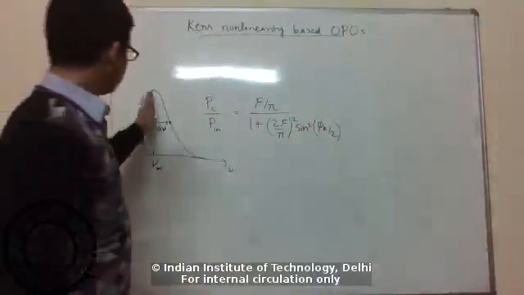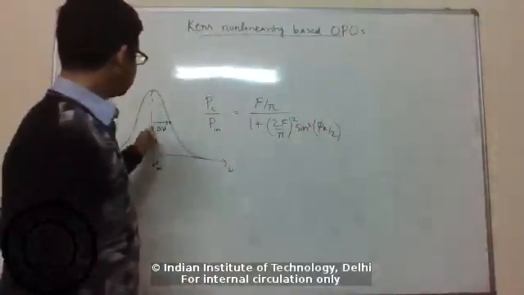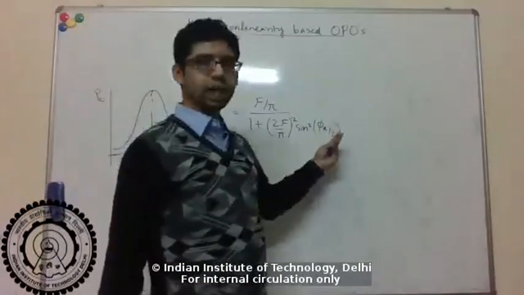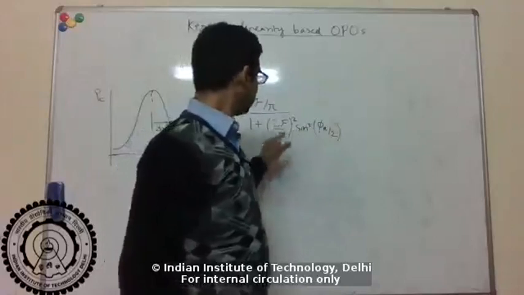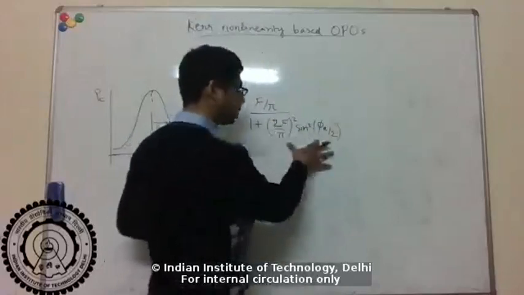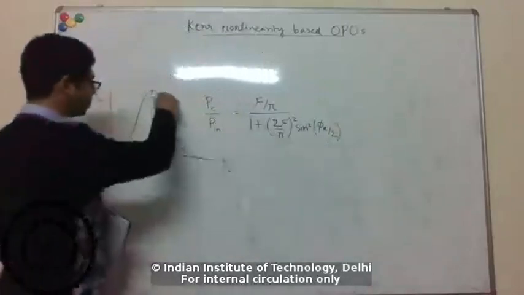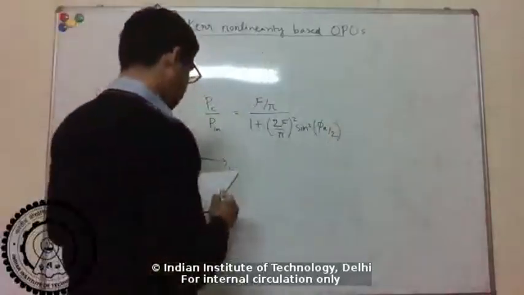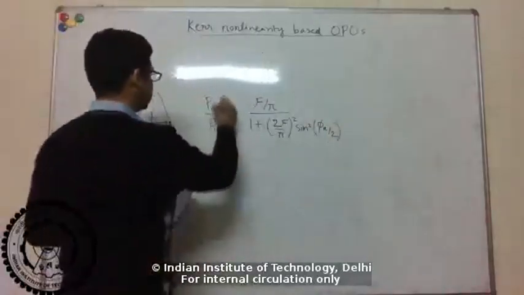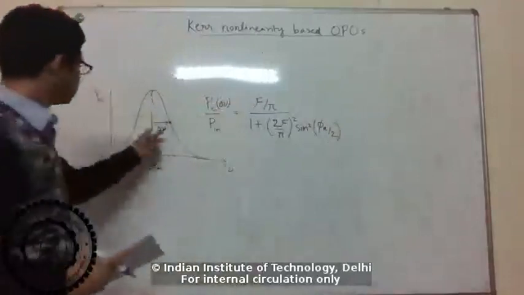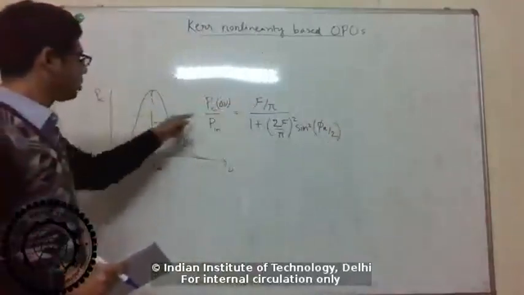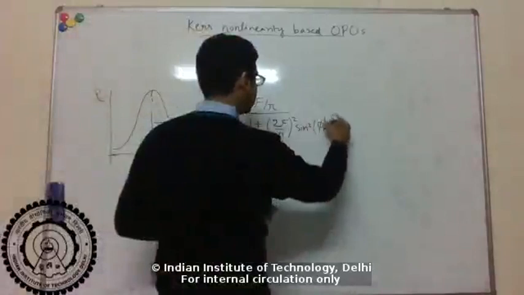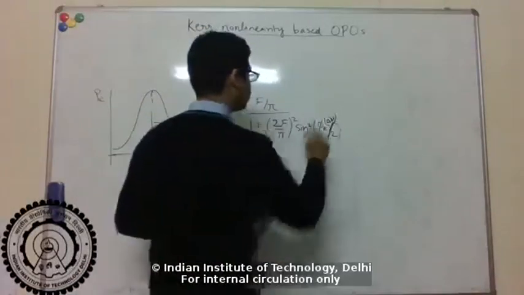But as I go away from the center resonance frequency, the argument of the sine is not a multiple of pi anymore, so you get some contribution from this term, and the power enhancement goes down. That's why you get this shape. So this power in the cavity is a function of the detuning delta nu from the center frequency, which comes from this round trip phase, which is a function of the frequency.